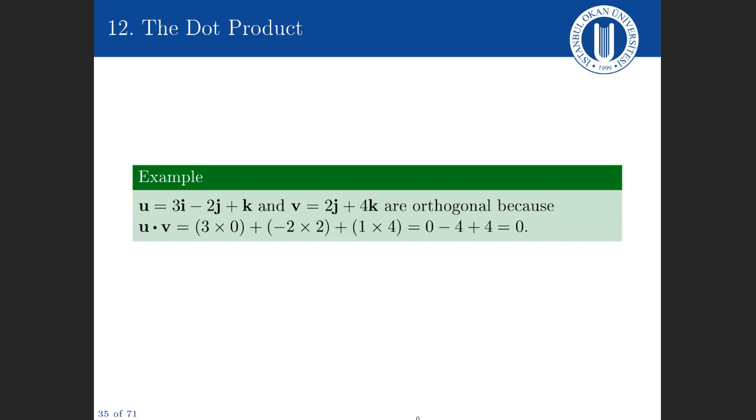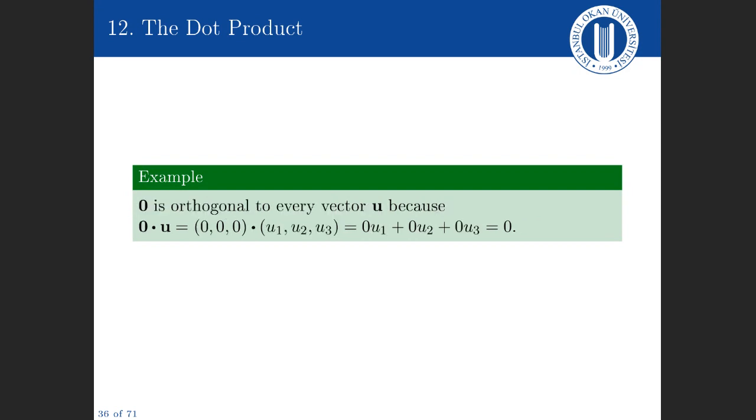Again, neither of these vectors is the 0 vector, so the angle between them must be 90 degrees. The 0 vector is orthogonal to every vector u because 0 dot u is always equal to 0.